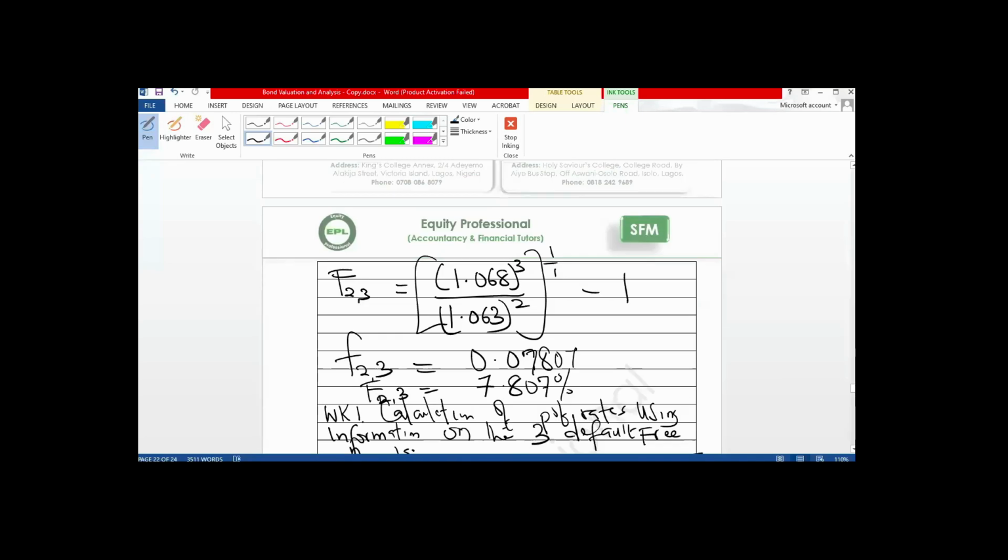So it's 7.806, not 803, 806. So this is 6. Yes, it's 6. 7.806. No problem. All right, provided we have done the right thing.